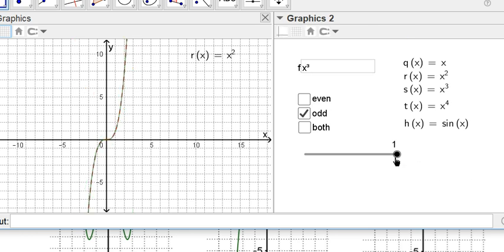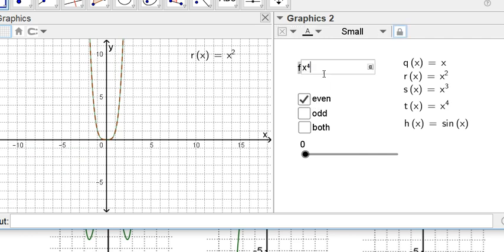X cubed. Remember when I did even, it was not symmetrical. When I do odd, it is. So it has symmetry rotating about the origin. What about t, x to the 4? So remember, it's even. It's not odd.